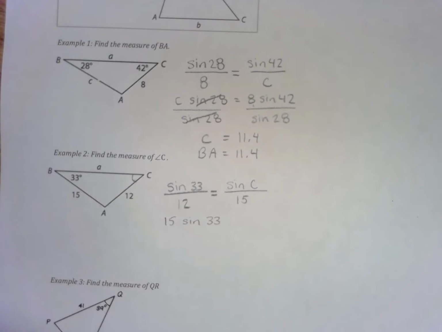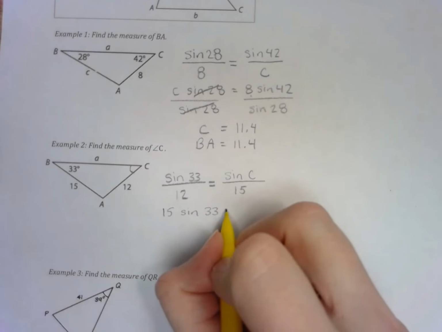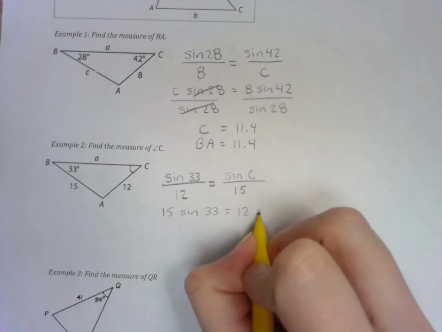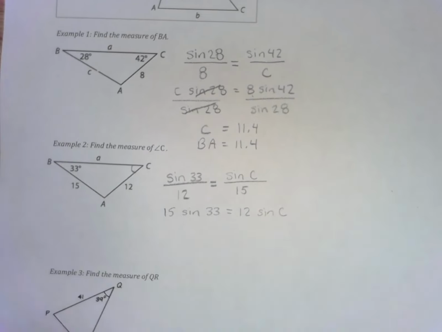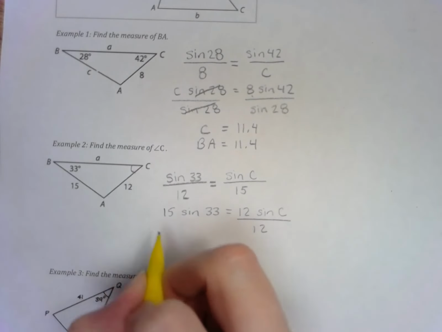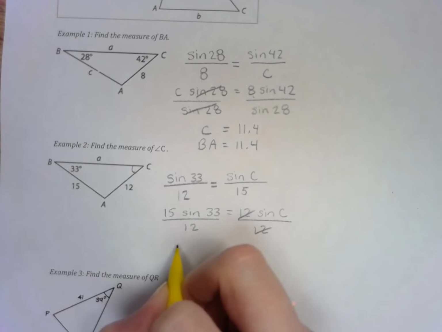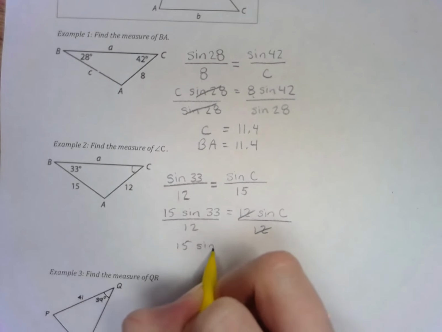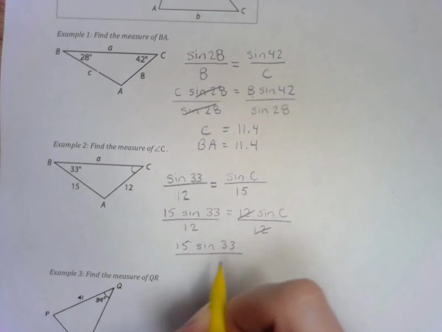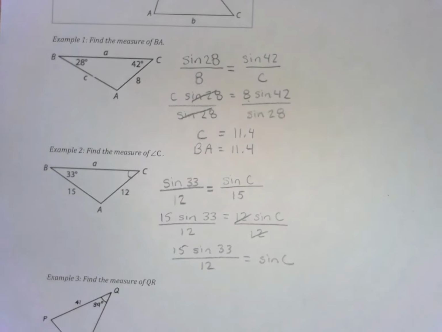So 15 sine of 33 will keep you from messing up your work. 12 sine of C. We need to divide both sides by 12. So notice here we have 15 sine of 33 over 12, which equals sine of C.